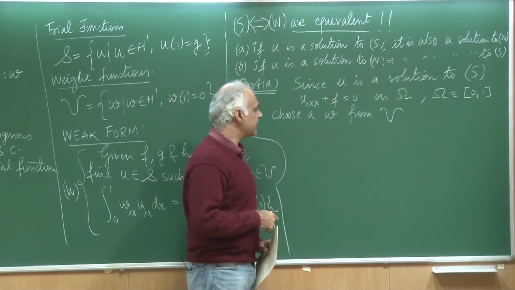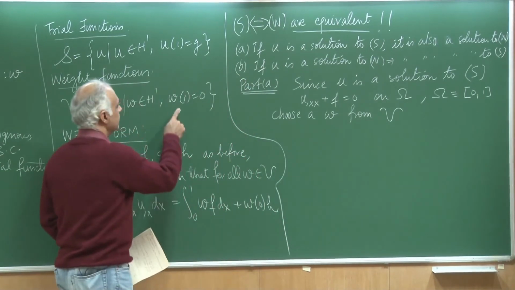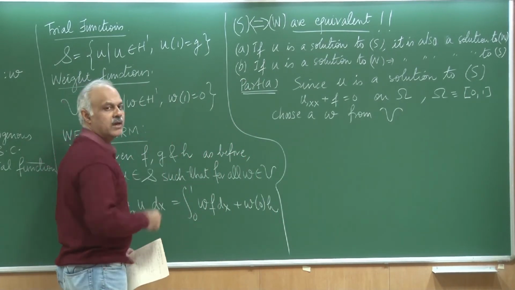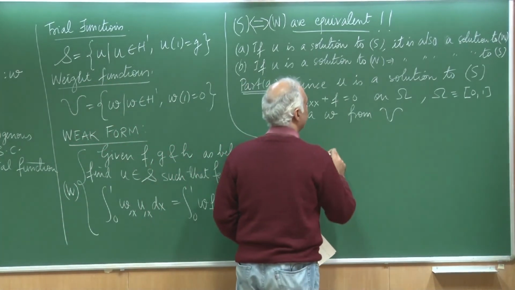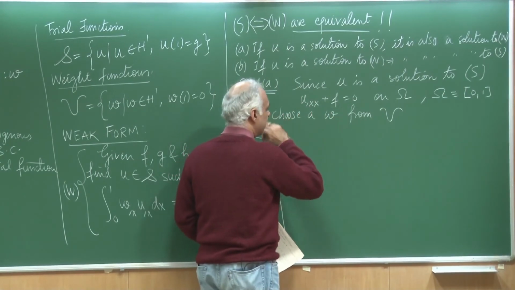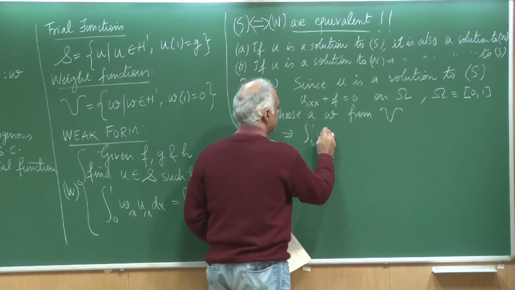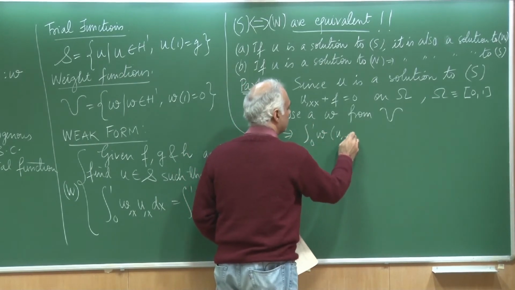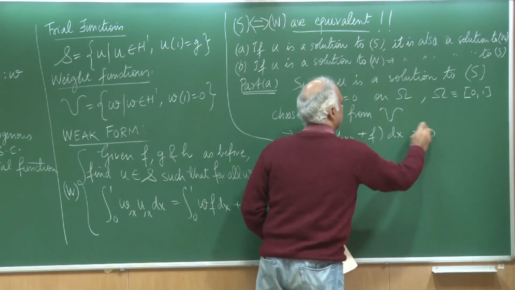That means the functions and their first derivatives are square integrable, and they satisfy the boundary condition as specified here, that W at x equal to 1 is 0. So, I will choose a W from V and multiply that W with this equation and integrate it from 0 to 1. I can certainly do this: integral of W times U comma xx plus f dx equal to 0.